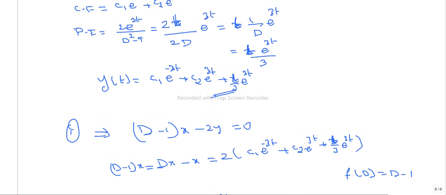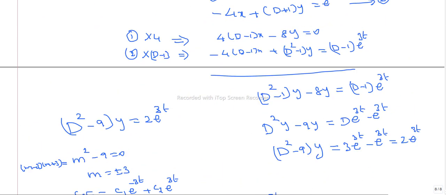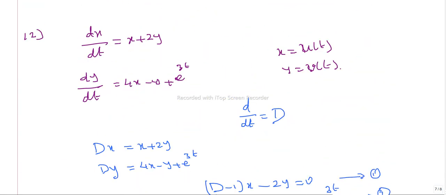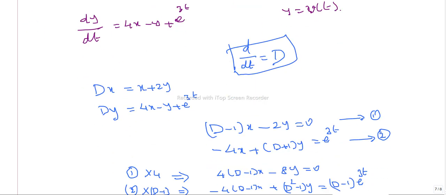Given any system of first order differential equations like this, we have to find a solution x of t and y of t. First, we take the operator d by dt as capital D, and then the equations become 2 equations in 2 unknowns, x and y. To simplify, first you get either x or y.